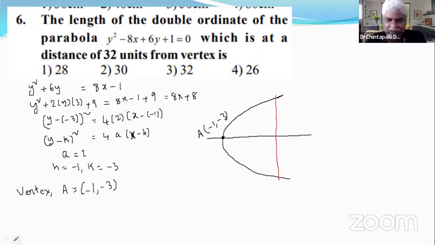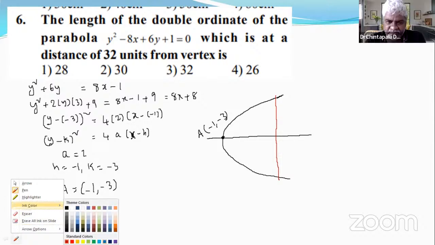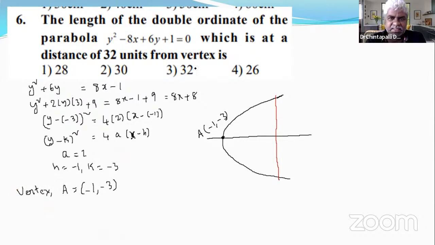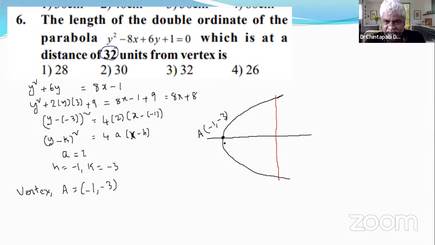The length of the double ordinate, the red line length, is asked, right? Yes. Which is at a distance of 32 units from the vertex. So this distance is given as 32 units. We need the length of the red line, right?